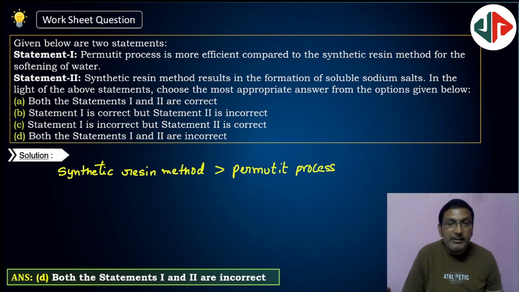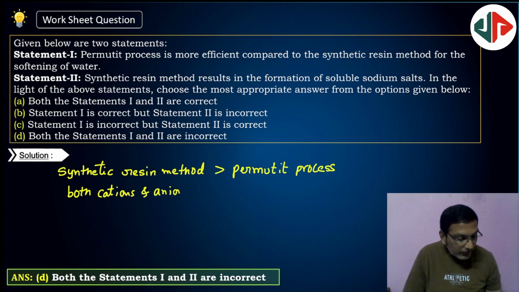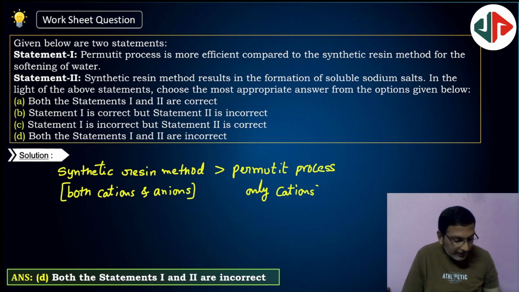So why? Because synthetic resin method exchanges both cations and anions. Both will be exchanged. Here permutit process, it exchanges only cations. Only cations. Therefore, synthetic resin method is more efficient.